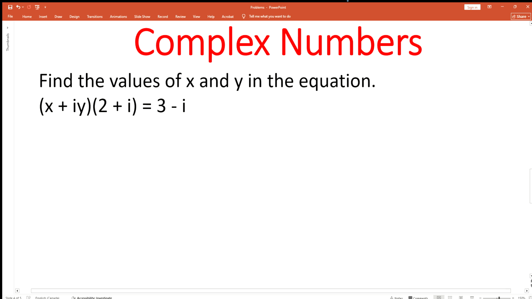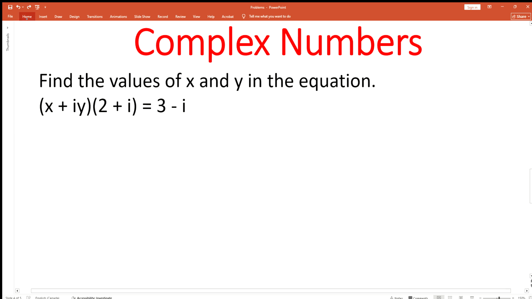We have to find the values of x and y, so we should isolate x and y on one side of the equation. On the left side, we have the complex number x plus iy being multiplied by the complex number 2 plus i. Since both x and y are in the same complex number, we can isolate x plus iy on the left side of the equation.